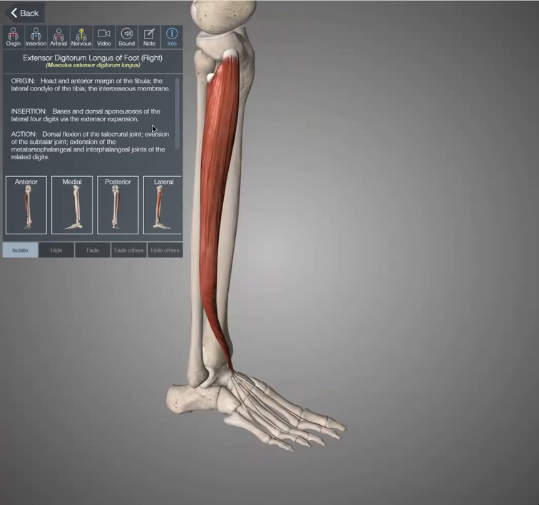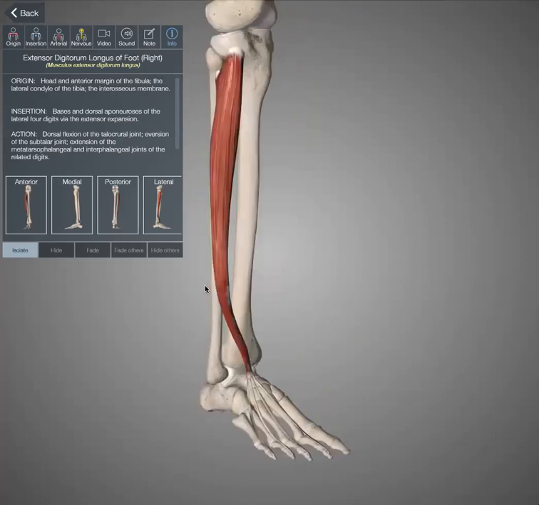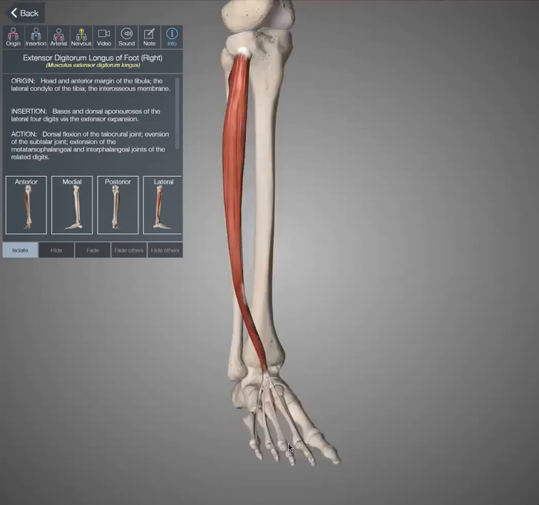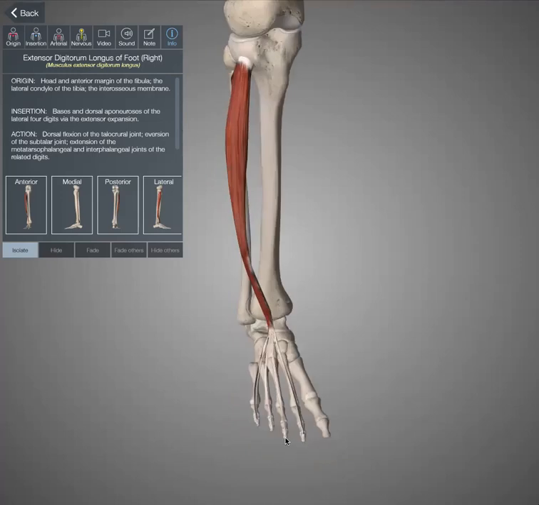The fibers get close and form a tendon which travels onto the dorsal surface of the foot, and the tendon splits into four, and each tendon inserts into a separate toe.